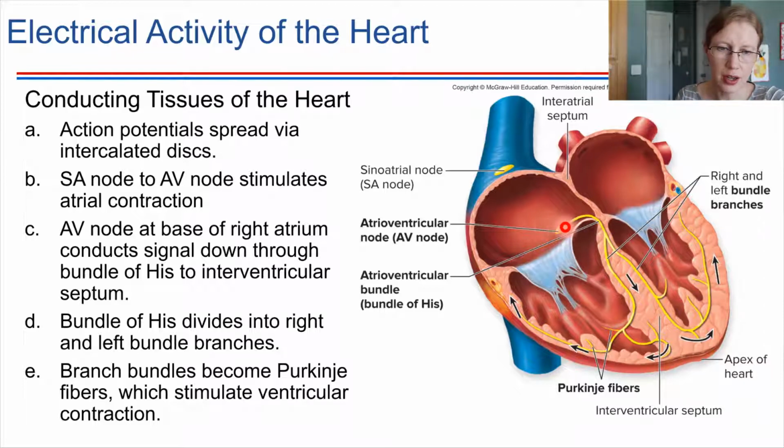So right here, this AV node comes down into the barrier between the left and right ventricles. This is called the septum of the heart. This is referred to as the bundle of His. The bundle of His splits into two different pathways and ends up branching into Purkinje fibers.